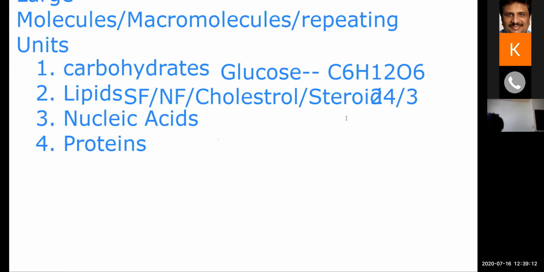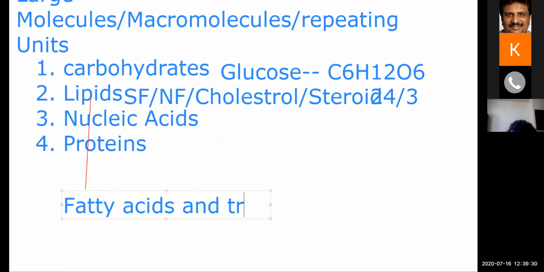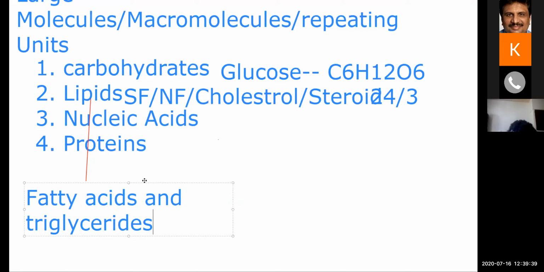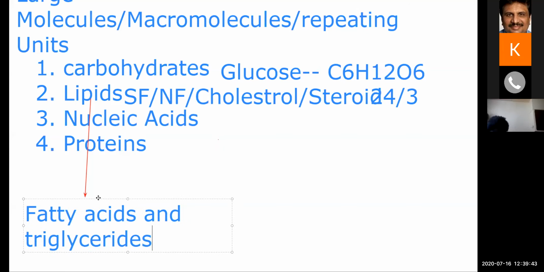Many books, just on the basis of fat, will say that lipids are made up of subunits such as fatty acids and triglycerides. But actually, the lipid molecules are very diverse.